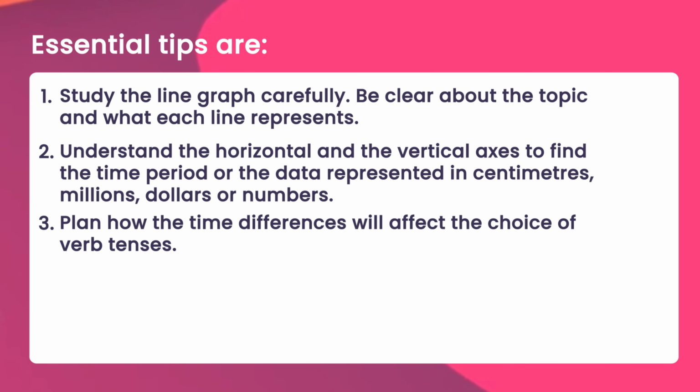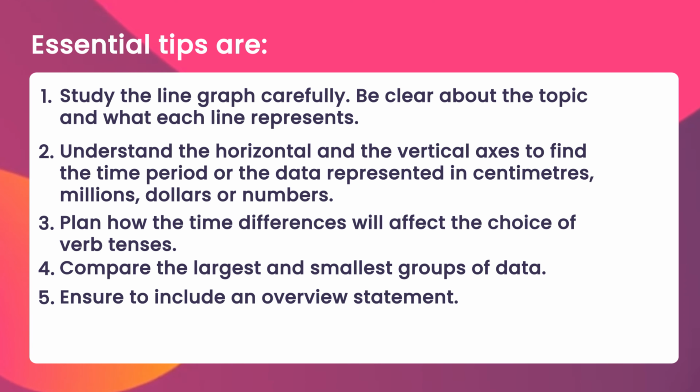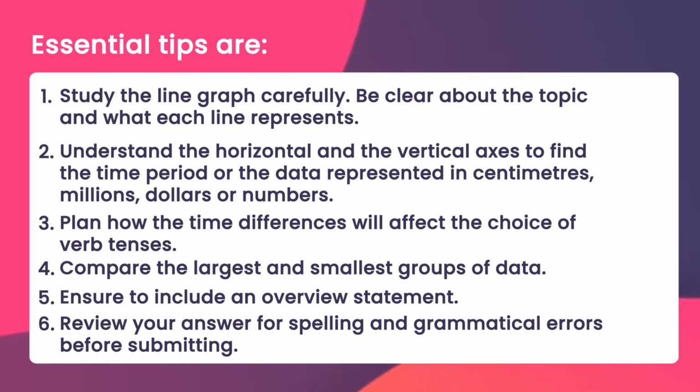Number 3, plan how the time differences will affect the choice of verb tenses. Number 4, compare the largest and the smallest groups of data. Number 5, ensure to include an overview statement. And finally, number 6, which is going to be the same for all the types of charts or diagrams, that is, review your answer for spelling and grammatical errors before submitting.